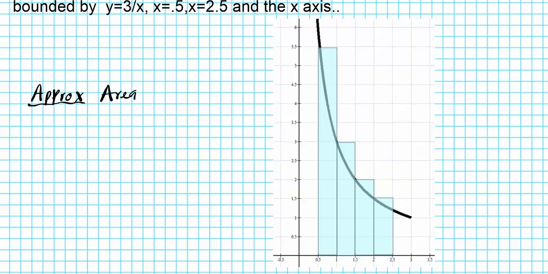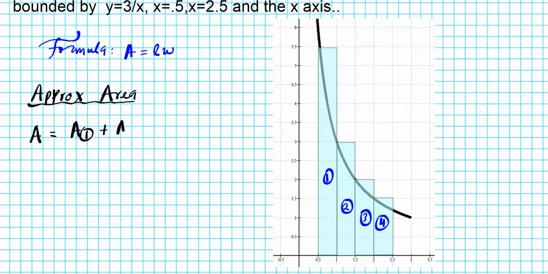The formula that we're using here is your basic geometry formula, which is area of a rectangle is length times width. Okay, so we have rectangle 1, 2, 3, 4. So the area is going to be the area of rectangle 1 plus the area of rectangle 2 plus the area of rectangle 3 plus the area of rectangle number 4.